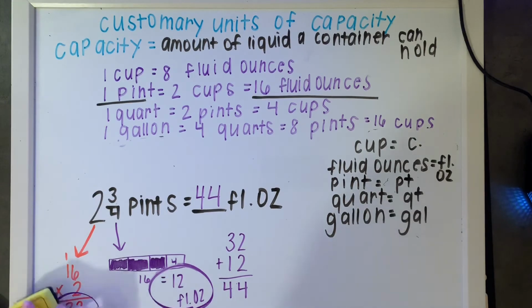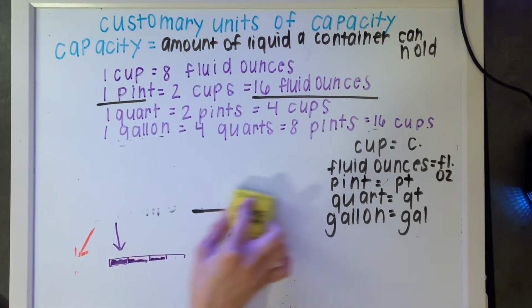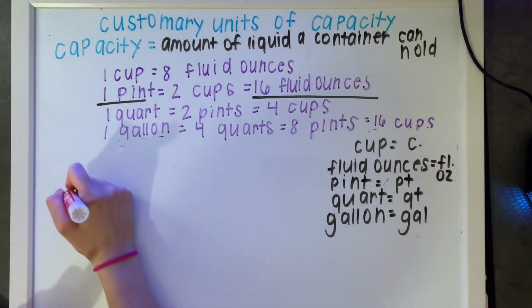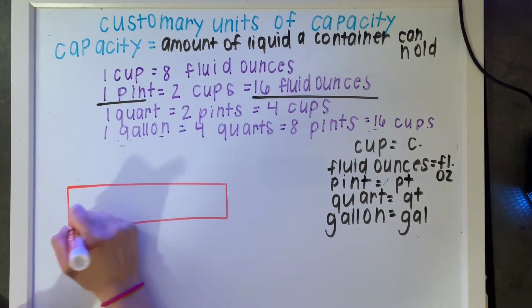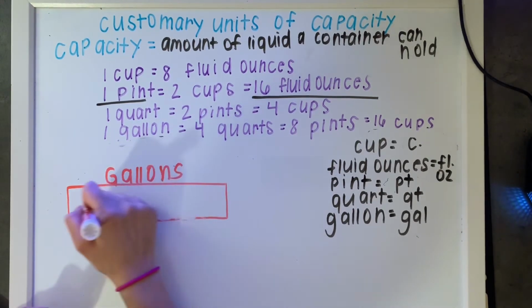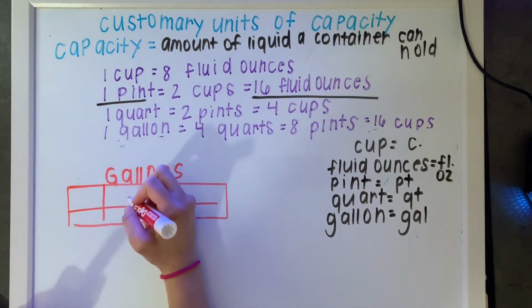Something to be aware of today with the word problems on Pearson is you have to be careful with what the question is asking you. For example, when I looked at your Pearson, I saw a question that gives you a chart. It could give you something like this, and it's talking about gallons. And it gives you some sort of numbers.